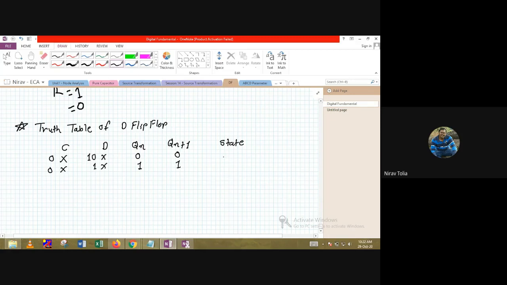Because when we are not applying the clock pulse, the state remains the no change state. The no change state is not actually a state of the D flip flop; it comes into the truth table because we are not applying the clock pulse.